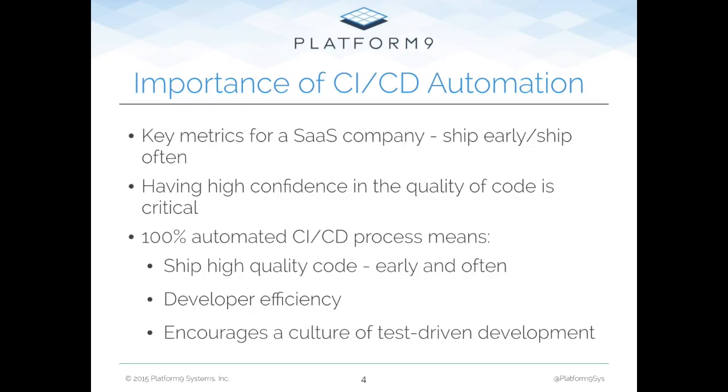And so from that perspective, one really important metric that our development team gets measured by is how quickly they can ship code, how often they can ship code, while maintaining a very high confidence in the quality of the end product or the code that gets shipped. And this is really an important metric for any DevOps or development organization beyond a certain size.